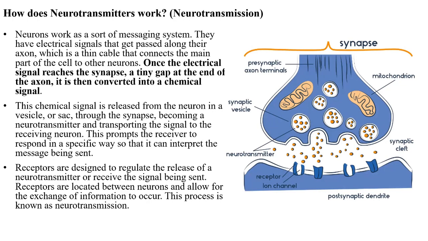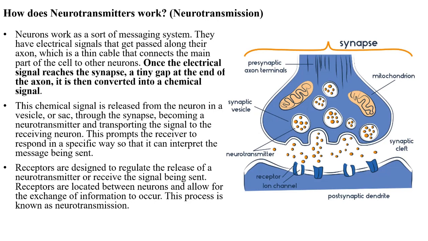Neurons basically work as a messaging system together. They have electrical signals which get passed along their axon, a thin cable that connects the main part of the cell to other neurons. Once the electrical signal reaches the synapse, the tiny gap at the end of the axon, it is converted into a chemical signal.